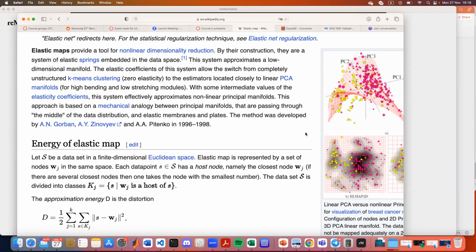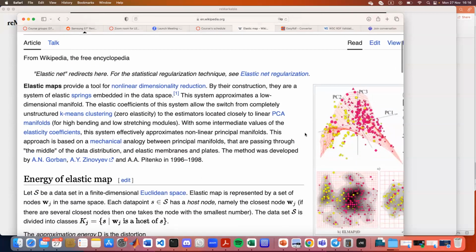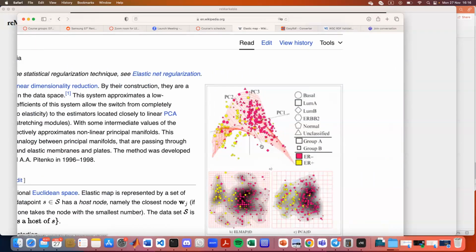Your topology becomes a physical system which stretches, and the way it stretches is basically the weight that you try to learn. It's very similar, but it creates a really cool visualization. Again, it's not mainstream, but if you're interested, at least you have heard from me that there are elastic maps and other variants of SOM. If you are curious, you can find them.